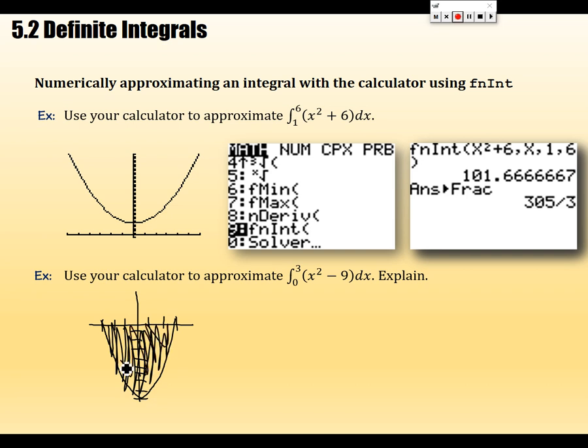Yes, because it's below the x-axis, so of course we get a negative answer there. If someone asked you to evaluate this integral, the answer is negative 18. If someone asks you what is the area between this function and the x-axis, the answer is 18. Make sure you understand that. If anyone asks you for the area of anything ever, remember you always report an area as a positive number. That's still a thing.